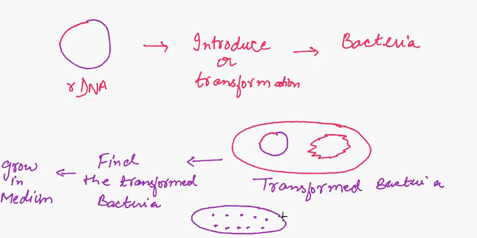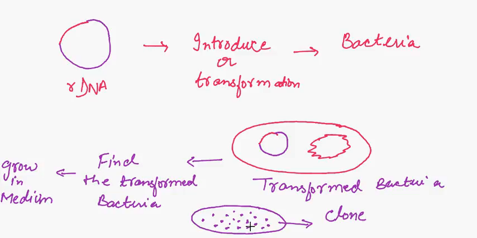So when we picked only the transformed bacteria and we have given the medium to multiply, these bacteria will be the exact copies of each other. So we can also say that these bacteria are the clones. They are the clones of each other. In this, the gene of our interest also replicated, and the bacteria is also replicated.